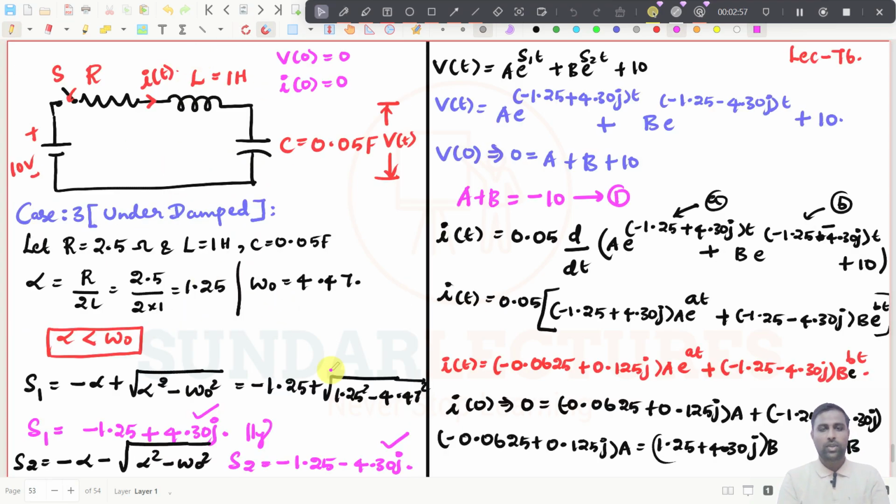So what you can write down now, maybe you can go for the V of T expression. You can substitute A and B in this expression.